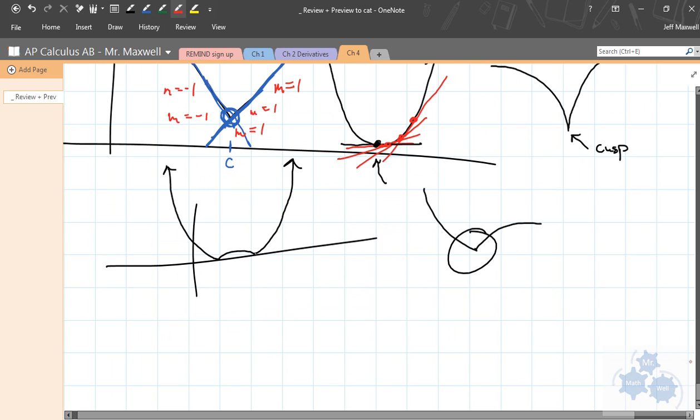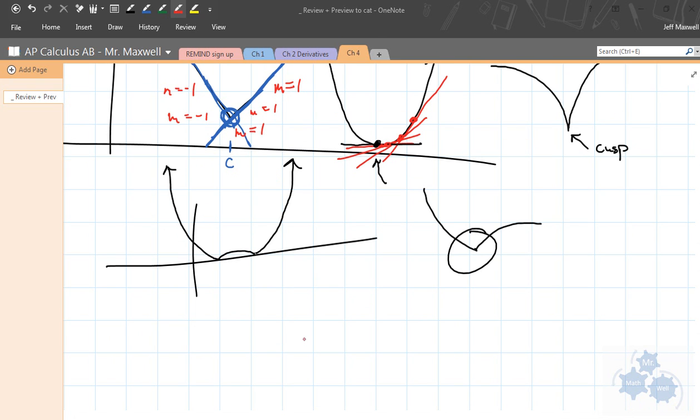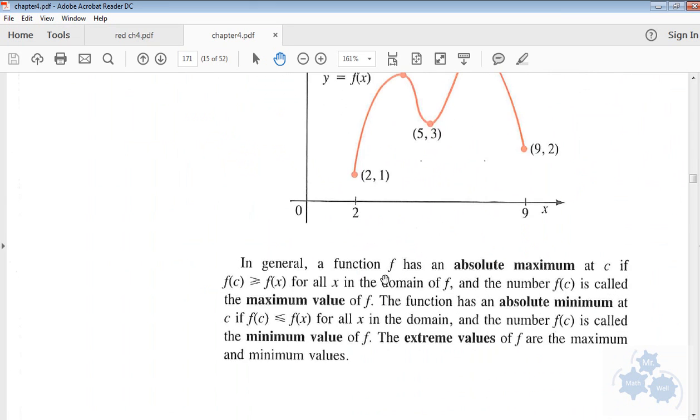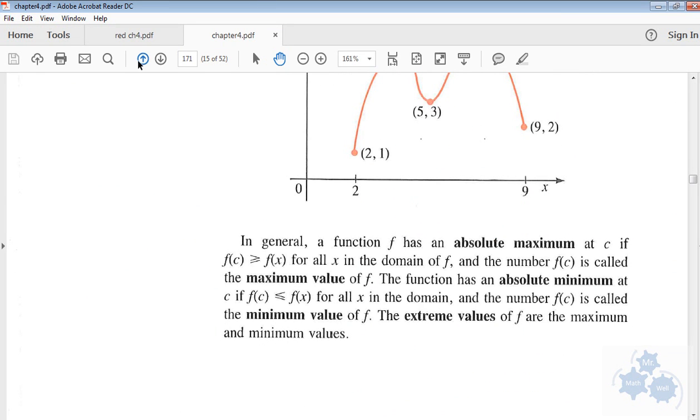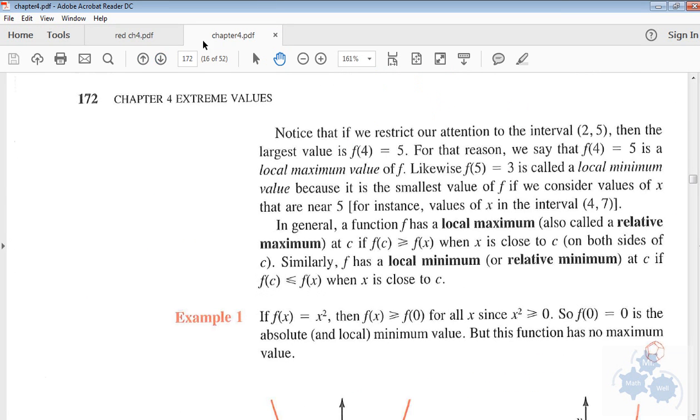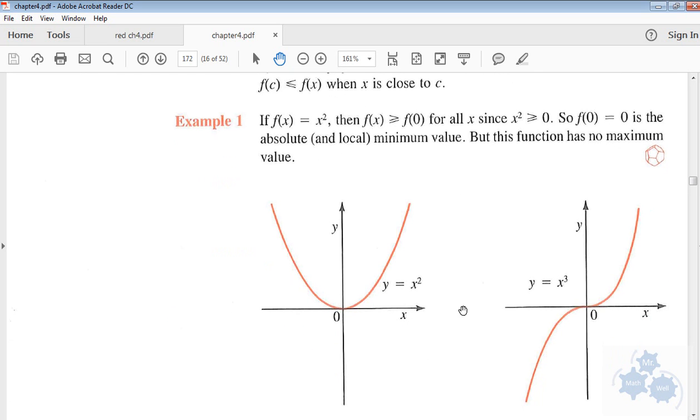All right. So if you look in your textbooks, let's check the text now. Let's keep moving on here. We're talking about local max or relative max, and local minimum or relative minimum. In this picture, a local minimum right here. This picture, no local min or max.